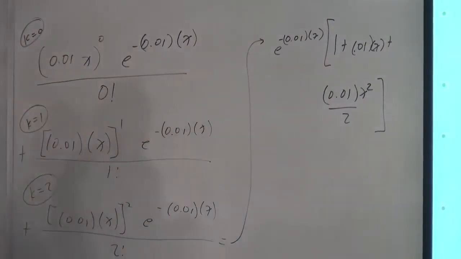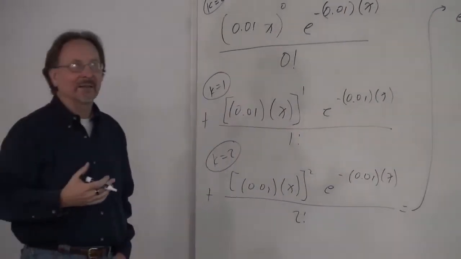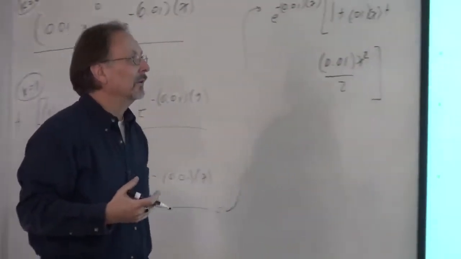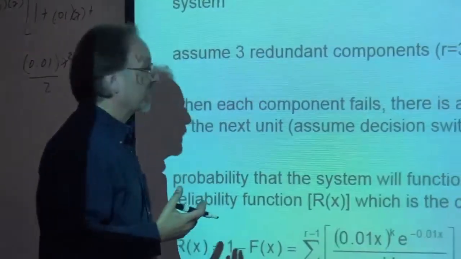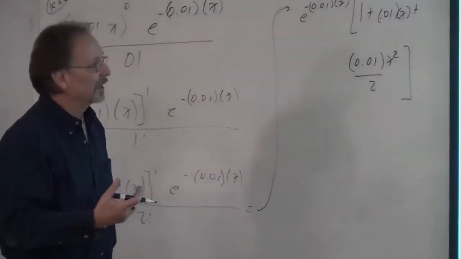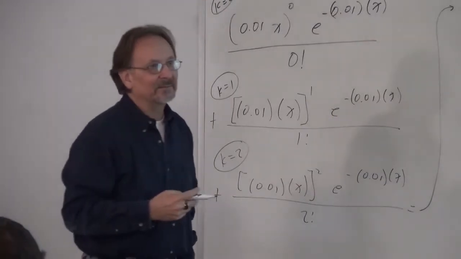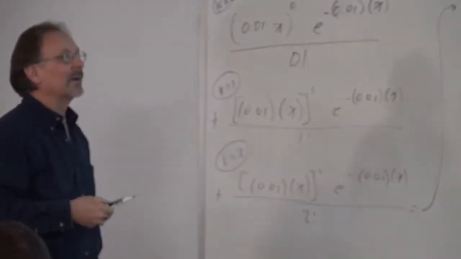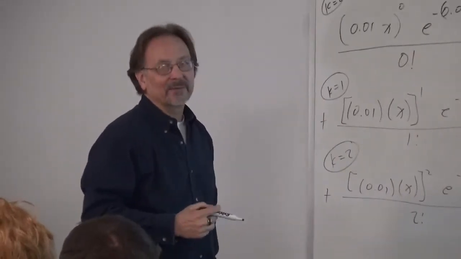So, all I need to do is figure out how many hours I'm interested in modeling. If I want to know the reliability of the system over the next 100 hours, I substitute 100 in for x and do the calculation. If I want to know the reliability over the next 1,000 hours, I substitute 1,000 in for x.